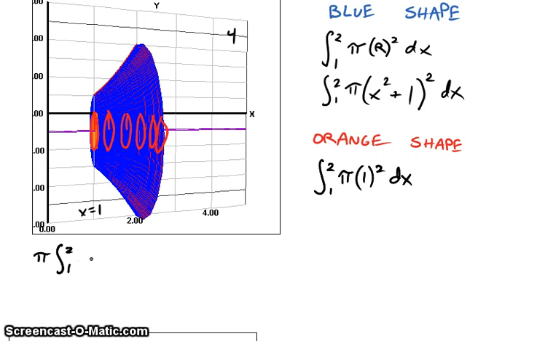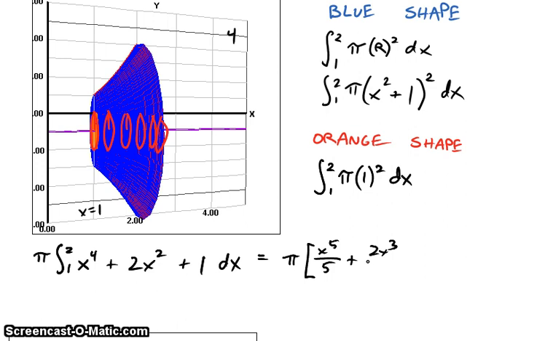Well, I'm actually going to multiply that out. x squared times x squared is x to the 4th, and then we're going to have plus 2x squared plus 1 dx, and the antiderivative of this is x to the 5th over 5 plus 2x to the 3rd over 3 plus x. And we're going to do that from 1 to 2.